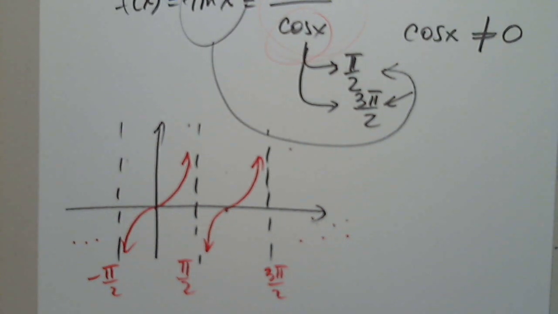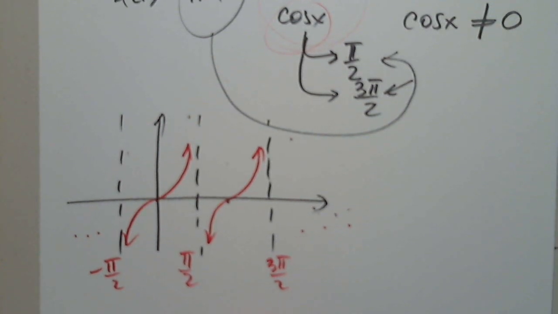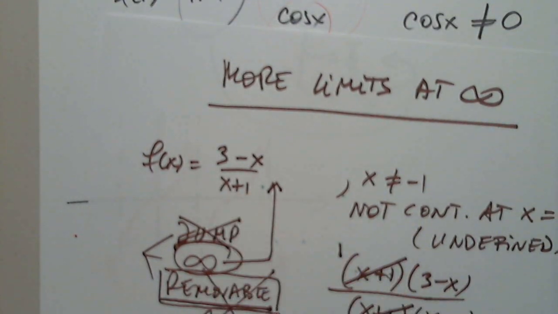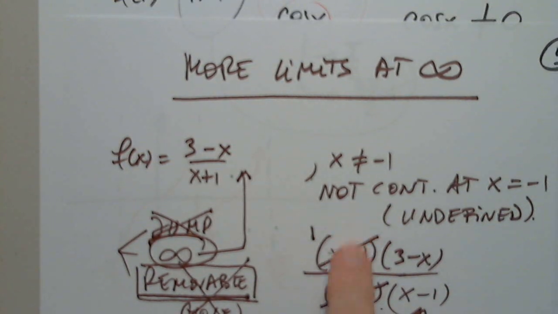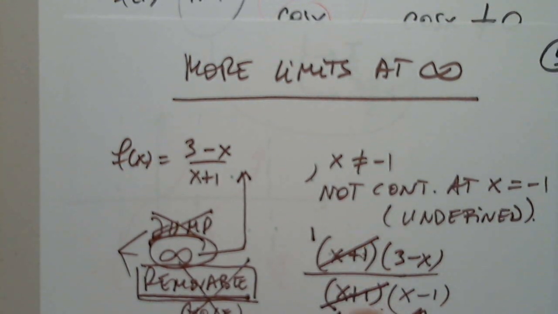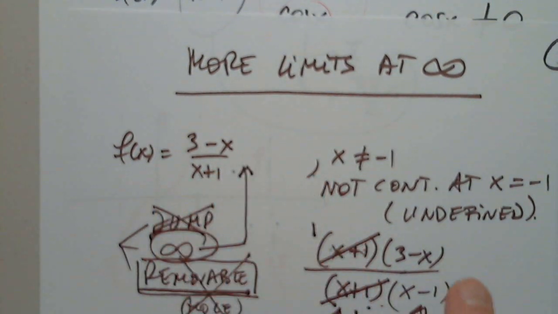Is this clear? Any questions on this? So it doesn't have to be a rational function. If the denominator is 0, the function is undefined. Now, if at -1 the factor disappears, that will not be a vertical asymptote, but the function will still be undefined.